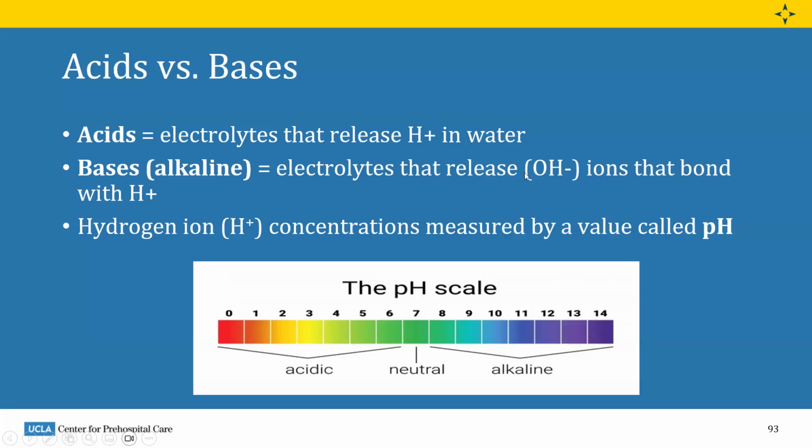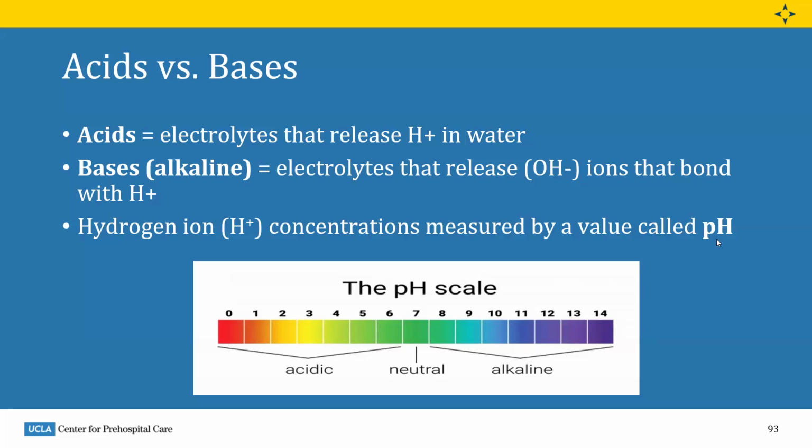So if you just took water and you separated one H, you're going to end up with your acid, your hydrogen ion, and then with your hydroxide ion as well. So essentially, the amount of hydrogen ions in that plasma or that fluid is going to determine our pH level.